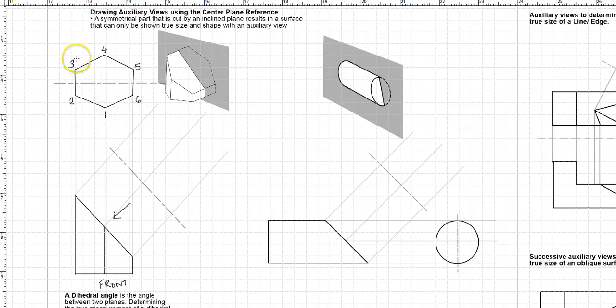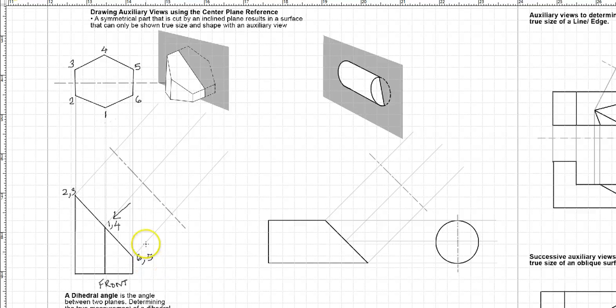Okay, now if I drop them down over here, this is going to be 2 and 3. This is going to be 1 and 4, these points, and this one is going to be 6 and 5.